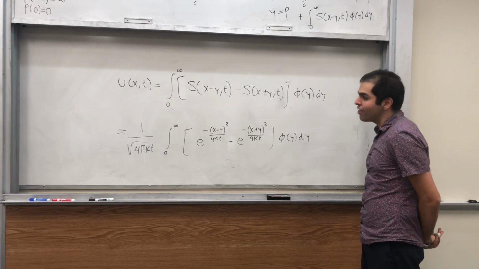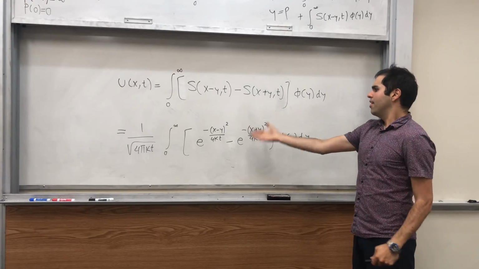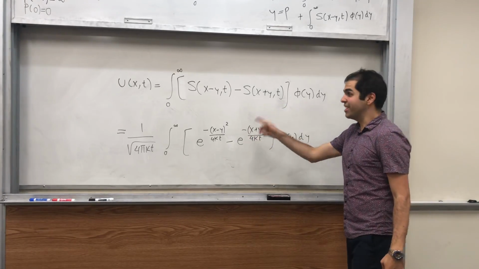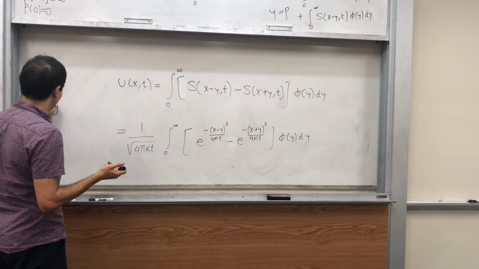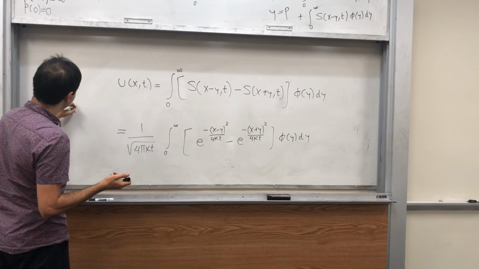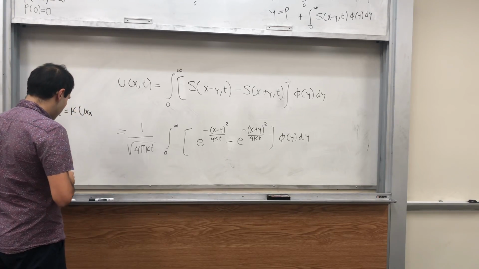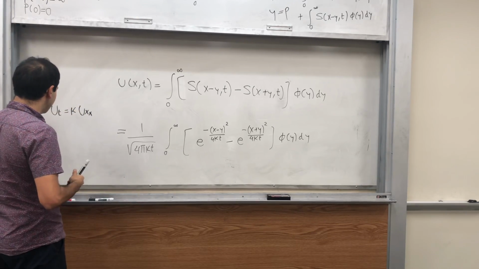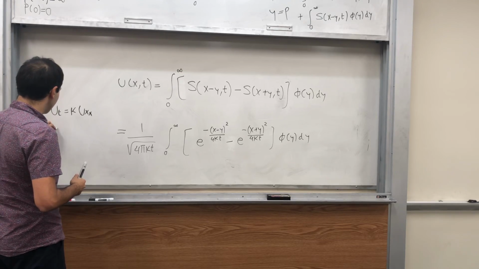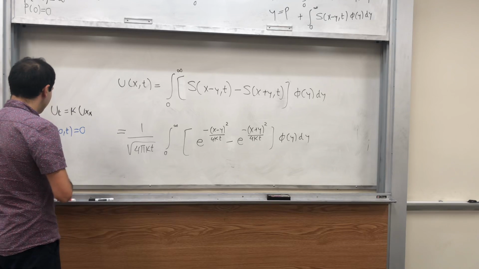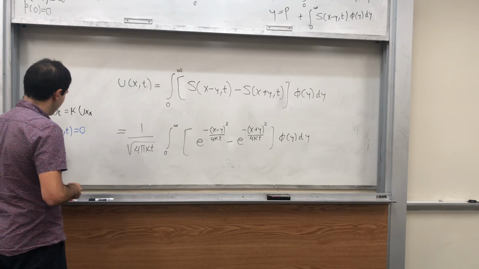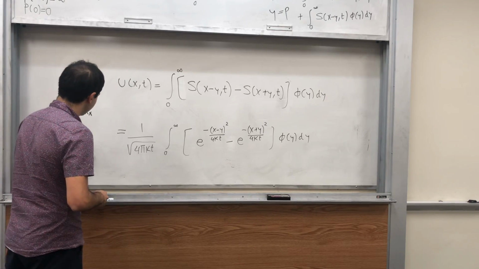And by the way, I will give an example next time because it's pretty cool. But suppose you want to solve the Neumann problem, ut equals k uxx. But this time you force the derivative of your function to be 0, and then u of x, 0 equals phi of x.